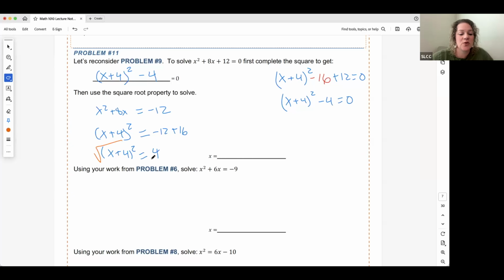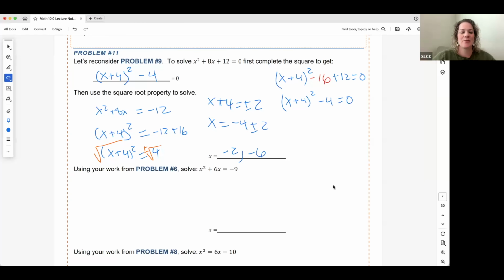So here I take the square root of both sides, don't forget plus or minus, and I see that x plus 4 equals plus or minus 2. Then I can subtract the 4. So negative 4 plus 2 is negative 2, and negative 4 minus 2 is negative 6. And there are your two values that make this statement true.